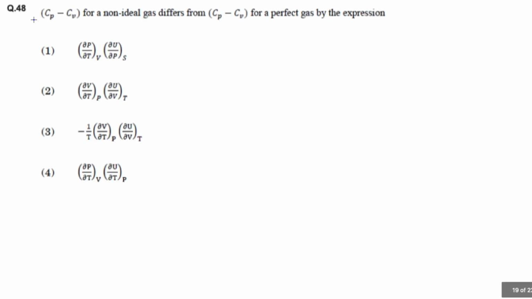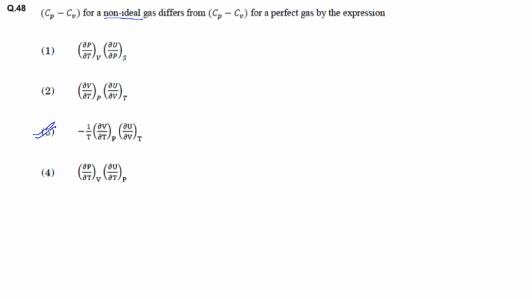The next question is a pretty direct one, based on a question which we have already done in the thermodynamics series. So I'm not going to solve it further here, but it says that Cp minus Cv for a non-ideal gas differs from Cp minus Cv for a perfect gas by the expression. If you solve that equation for Cp minus Cv for a real gas, you will find that option C will be the correct option.